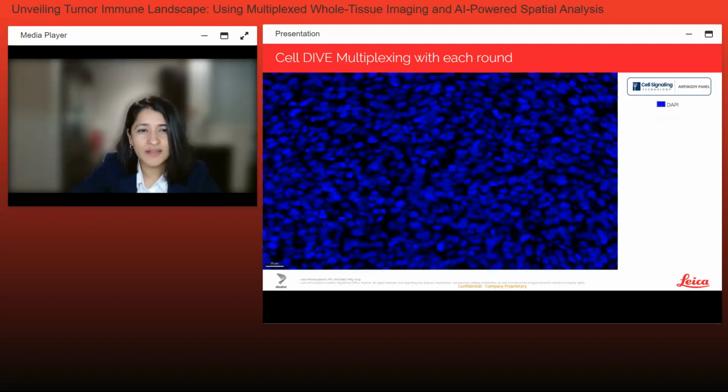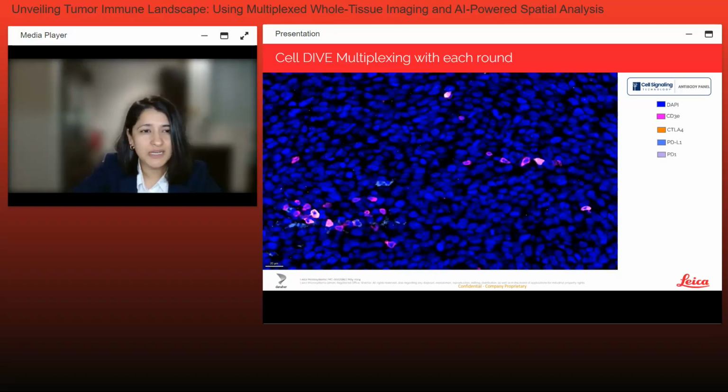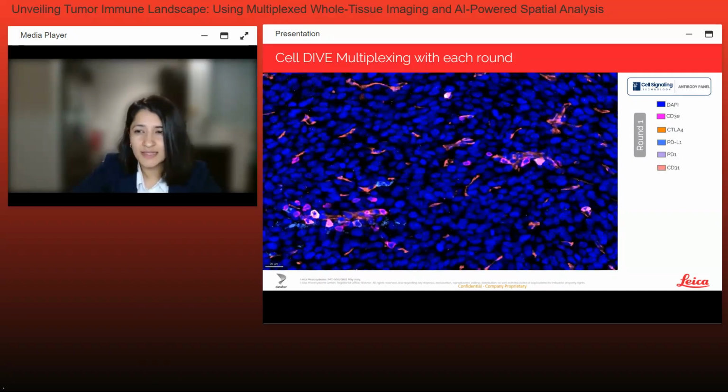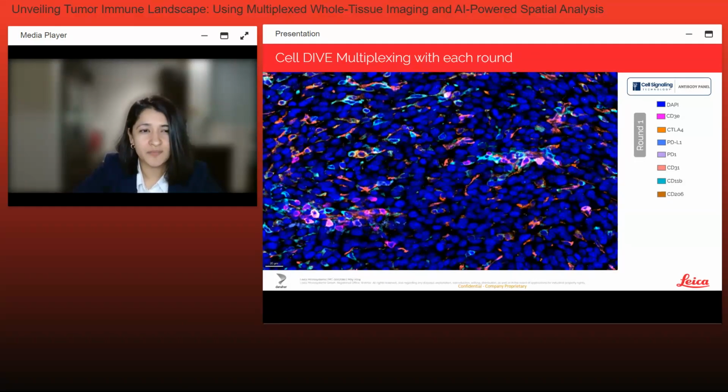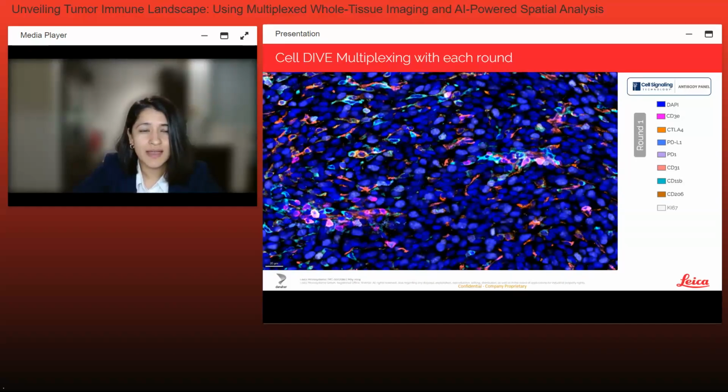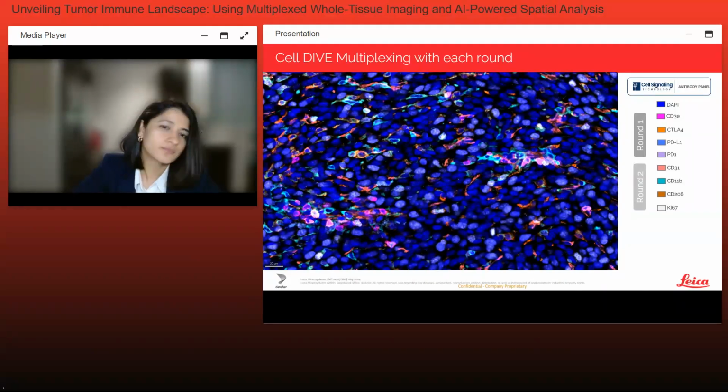To begin, we can see some beautiful signal from CD3 positive T cells, immune checkpoint markers like CTLA4, PDL1, and PD1 within round 1, followed by CD31 positive endothelial cells, CD11b positive myeloid cells, CD206 positive macrophages, and Ki67 positive proliferating cells within round 2.